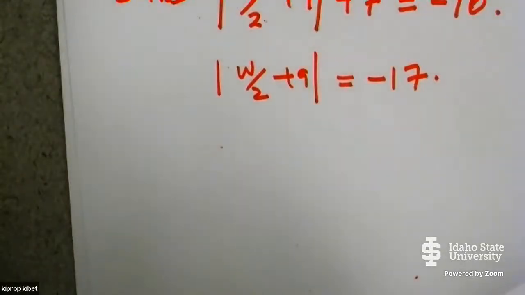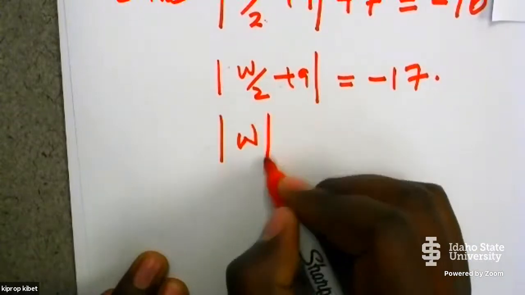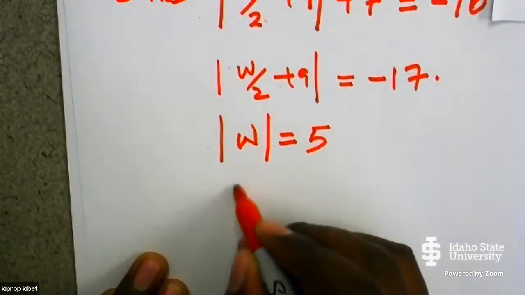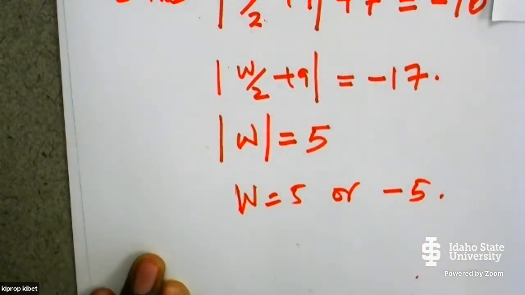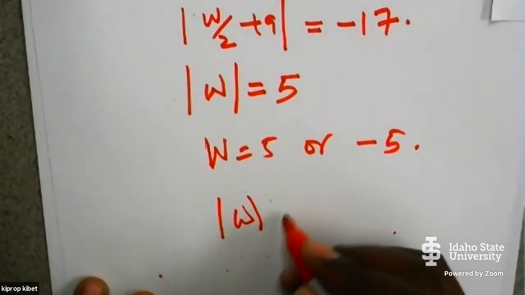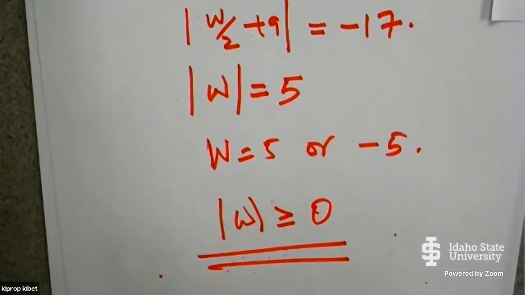We don't actually have a solution because if we say the absolute value of w equals to, let's say, 5, that is the same as w equals to 5 or negative 5. And we also said the absolute value of w is greater than or equal to 0, so it should not be negative. So we don't have a solution here.